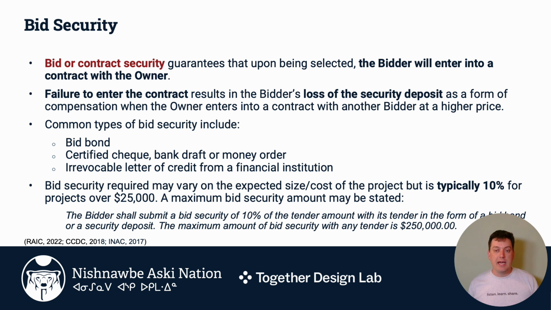And so getting a bid bond, while it does increase the burden on a potential bidder and probably shouldn't be used in small-scale projects, it does have this kind of dual risk reduction function in larger projects.